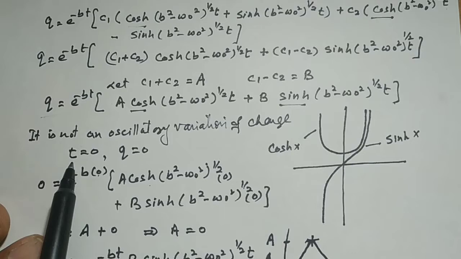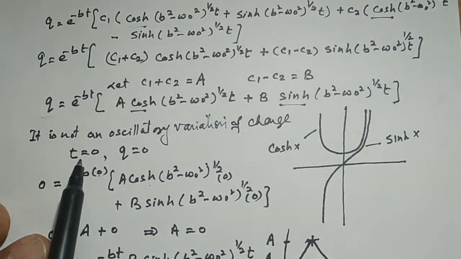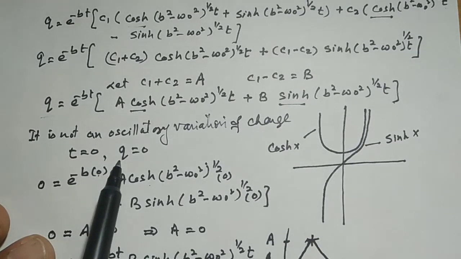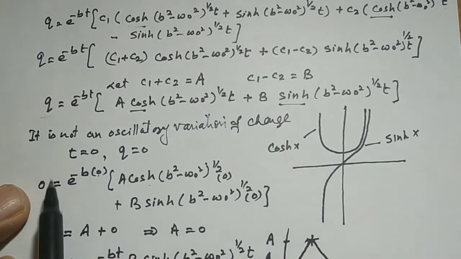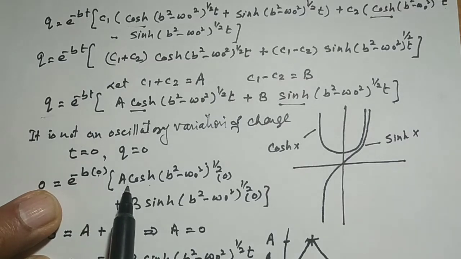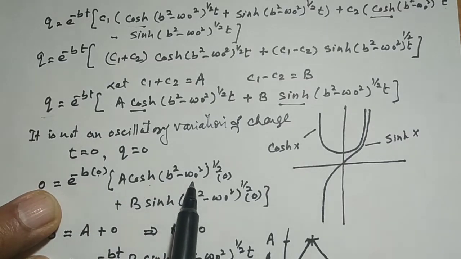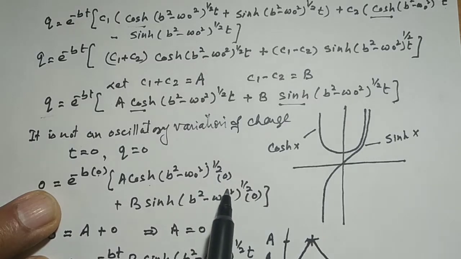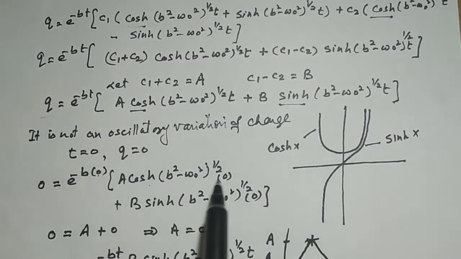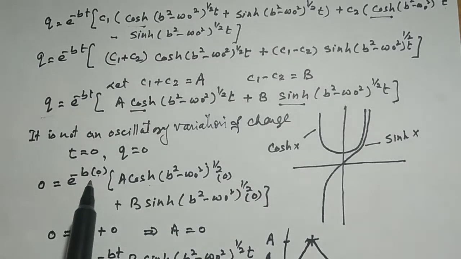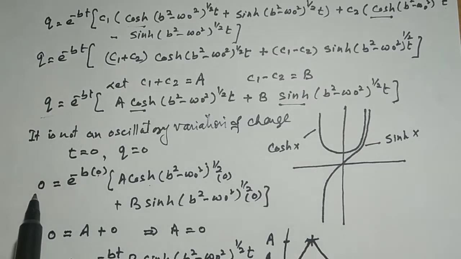So we can write when t was 0 in the starting and there was no charge, then the value of this equation comes out to be q is 0, e^(-b·0) times a cosh of square root of (b squared minus omega naught squared) times 0 plus b sinh of square root of (b squared minus omega naught squared) times 0. So this 0 multiplied by this factor makes it 0. e^0 is 1. This side we have 0.